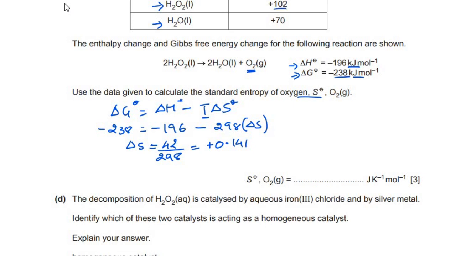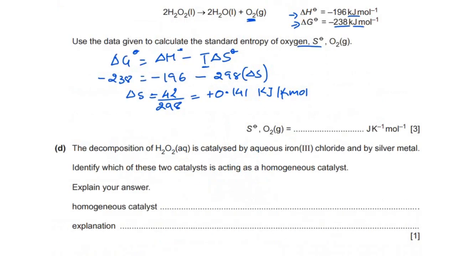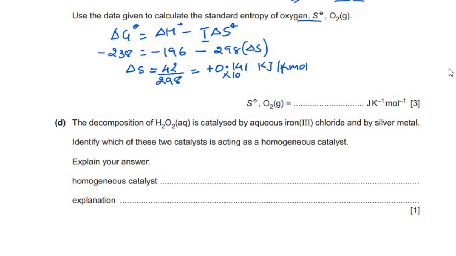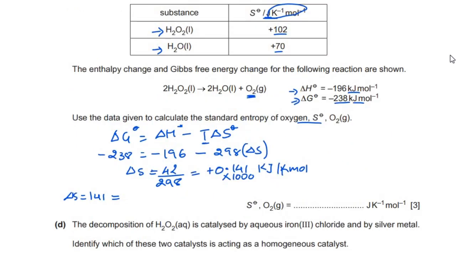Now this is the total entropy change of the system. Out of that, hydrogen peroxide and water are already given, so let's find it out for oxygen. Here the value we have obtained is in kilojoules per Kelvin per mole, but the values given here are in joules, so we need to convert it by multiplying by 1000, so we get 141. Now the total entropy change, 141, should be equal to the entropy of products minus reactants. The products are water and oxygen.